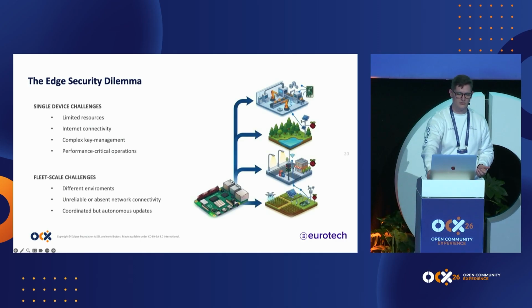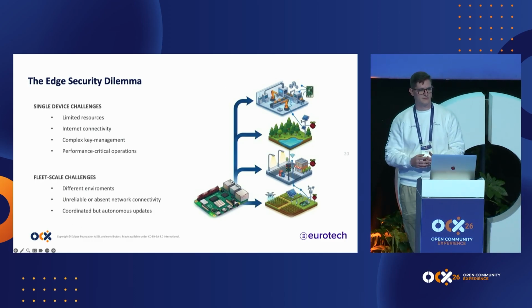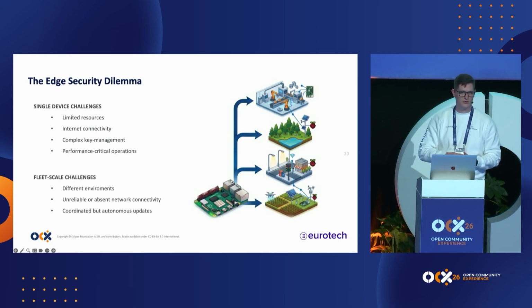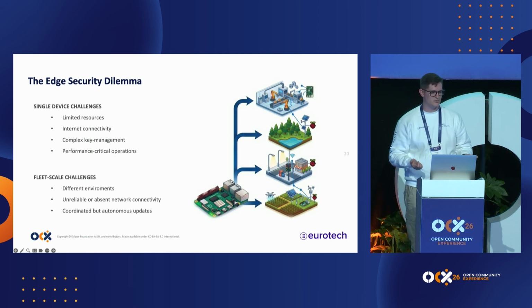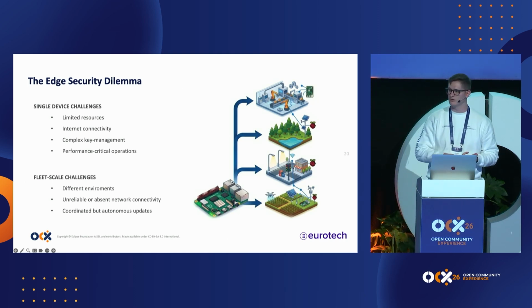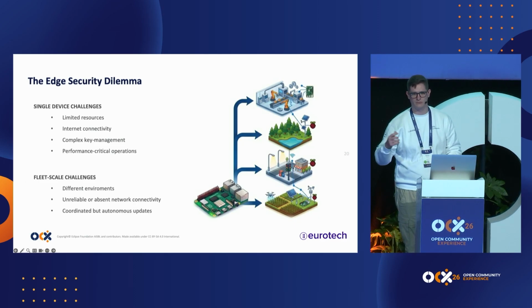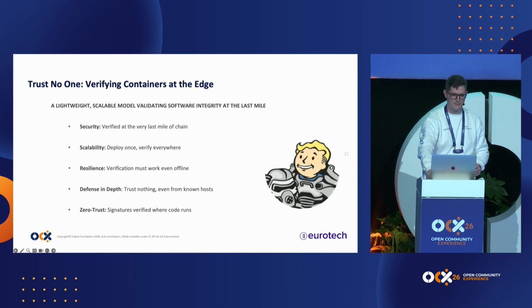And we're not only multiplying these problems on hundreds, on thousands of devices spread around the world, but we're fighting different environments because our devices can be deployed everywhere, with unreliable or even absent network connectivity. And we usually work in a cloud-based system management where we want to deploy thousands of containers or code everywhere in the world with a one-shot approach, let's say.